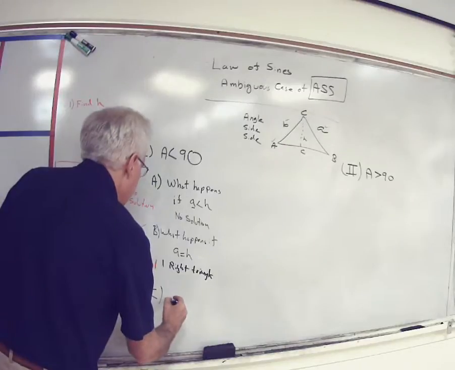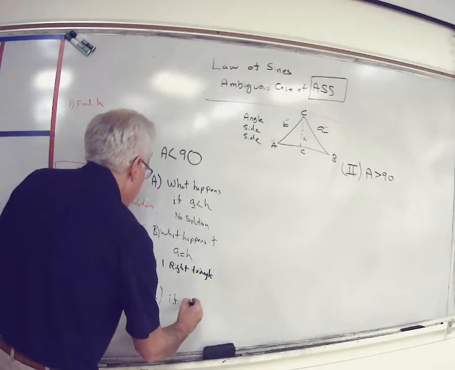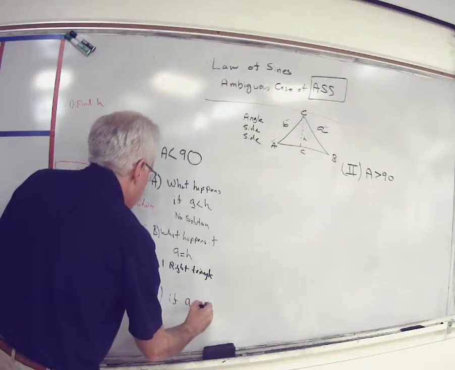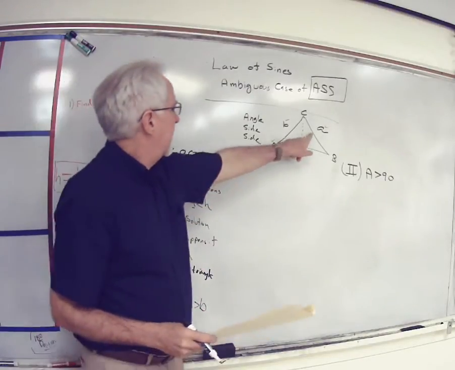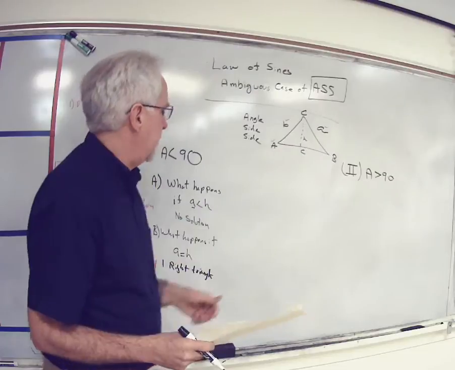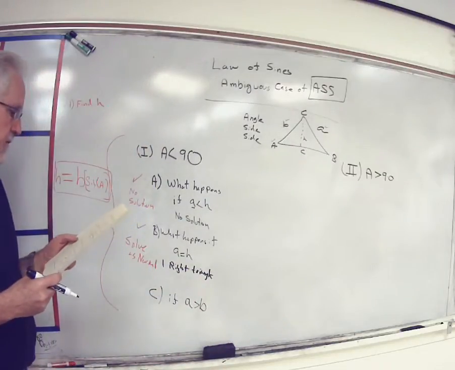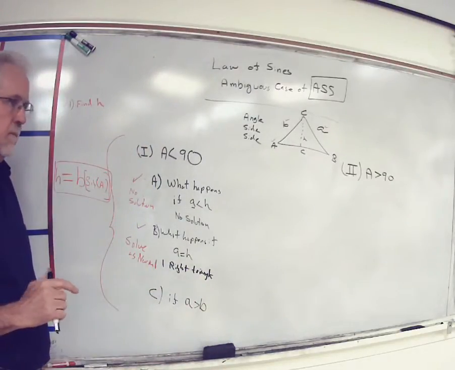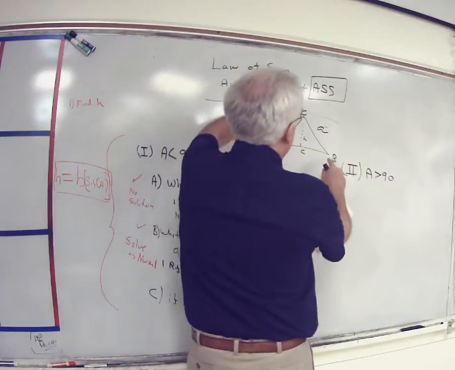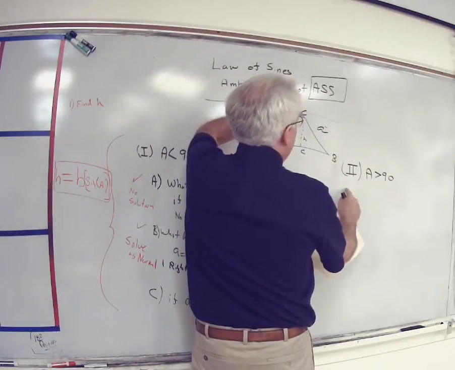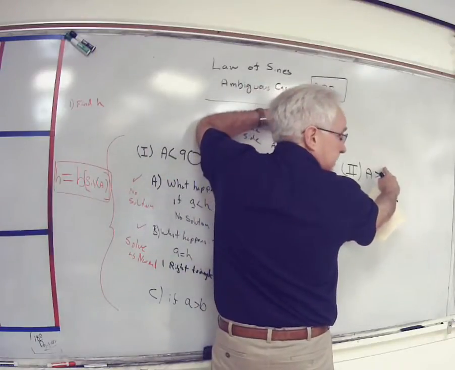How about if A is greater than B? If A is longer than B, what do I know for sure? You have two answers. Do I? No. If this were longer, what would I have to do? Bring it out to here, right?